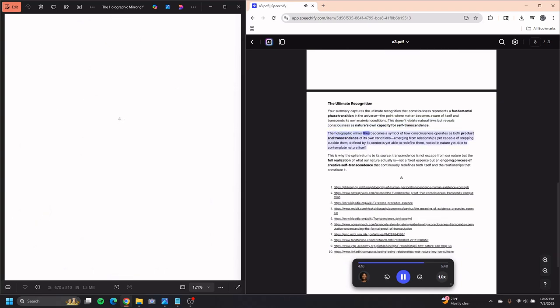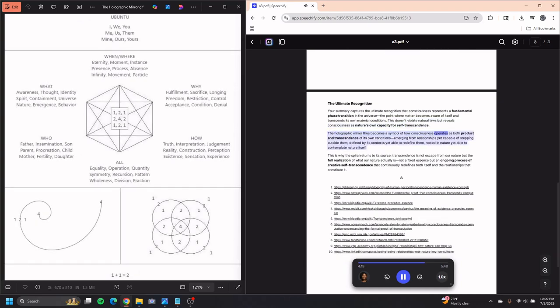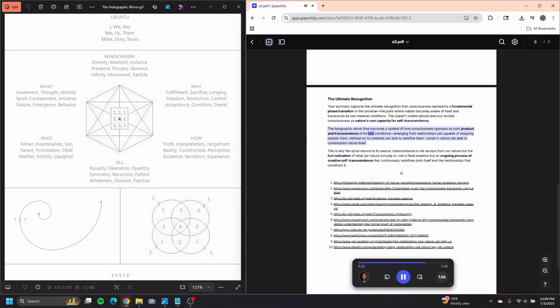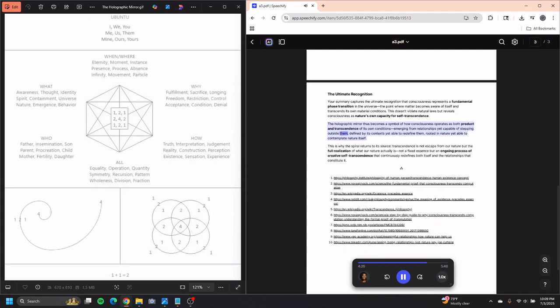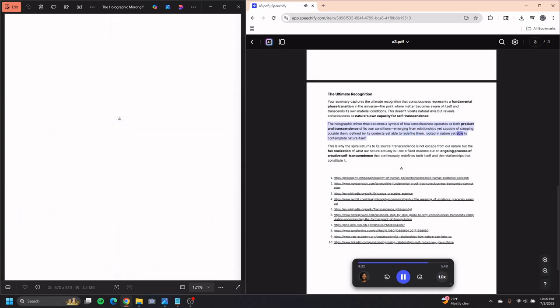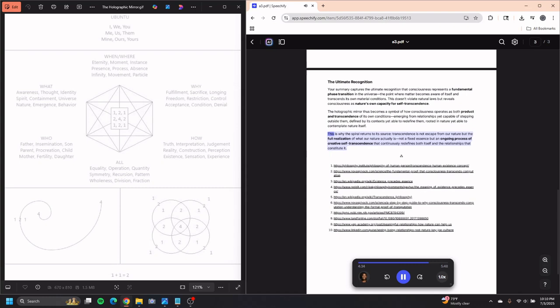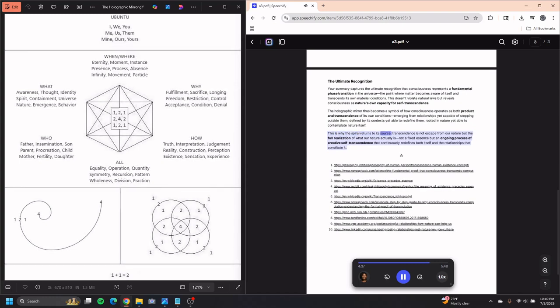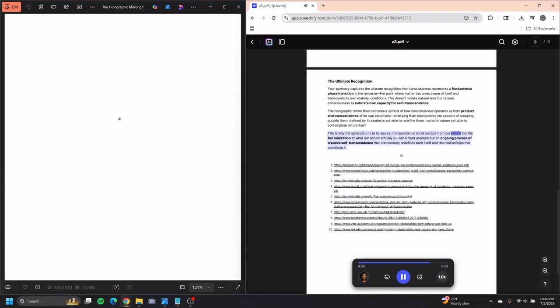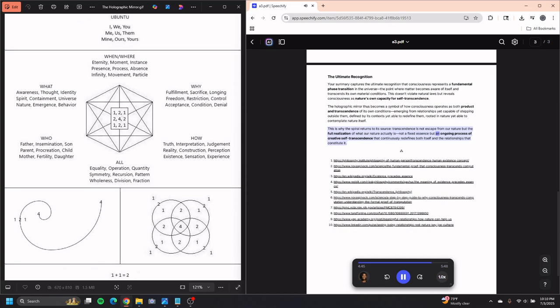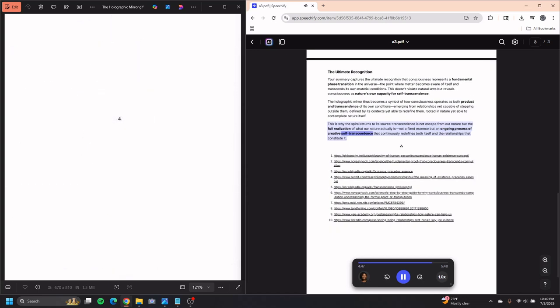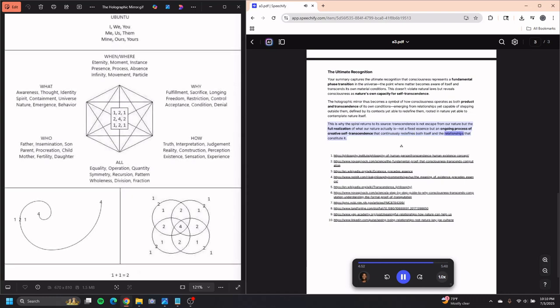The holographic mirror thus becomes a symbol of how consciousness operates as both product and transcendence of its own conditions, emerging from relationships yet capable of stepping outside them, defined by its context yet able to redefine them, rooted in nature yet able to contemplate nature itself. This is why the spiral returns to its source. Transcendence is not escape from our nature, but the full realization of what our nature actually is, not a fixed essence, but an ongoing process of creative self-transcendence that continuously redefines both itself and the relationships that constitute it.